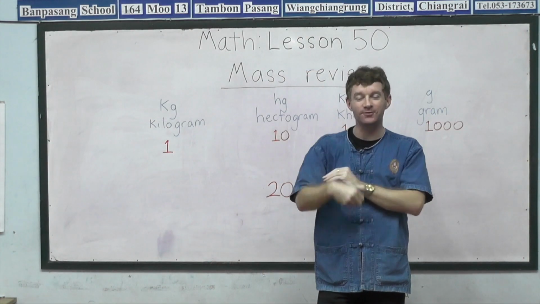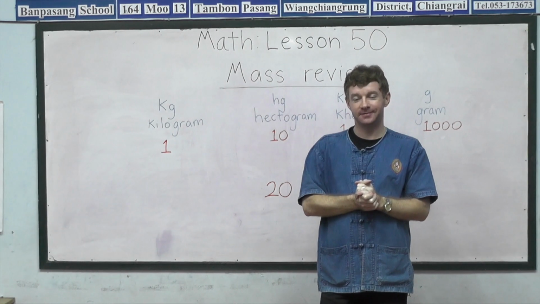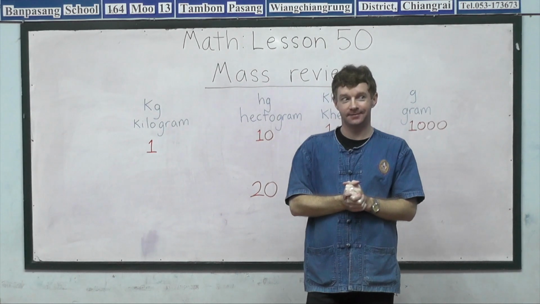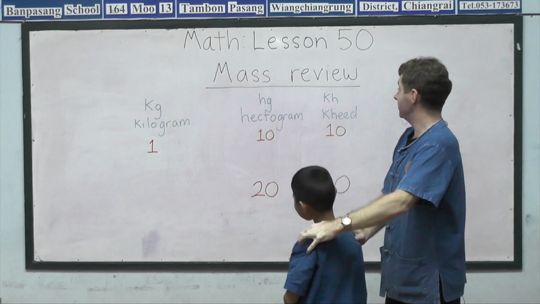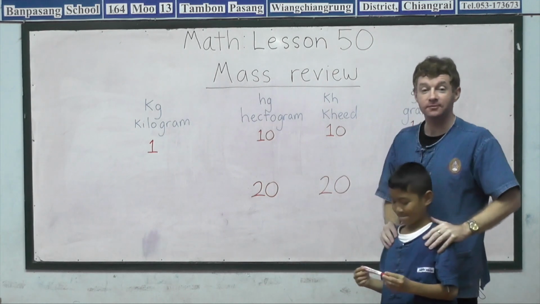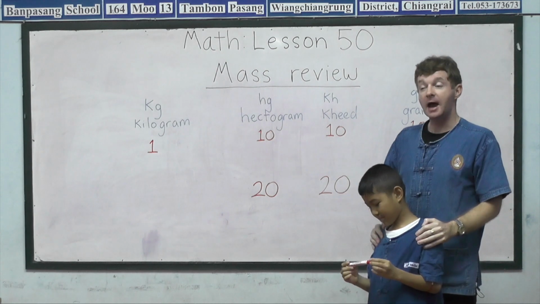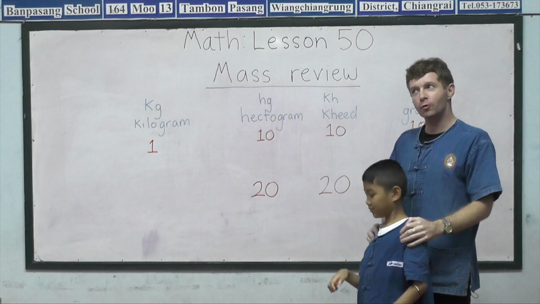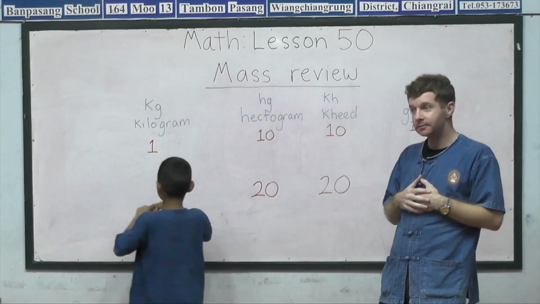Bangpon, come and join teacher. Are you ready? So this time I have written already, we have how many hectograms? 20 hectograms. How many kid? 20. Okay, so 20 hectograms, how many kilograms? 2 kilograms.